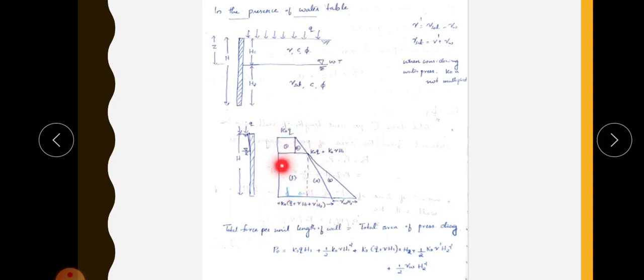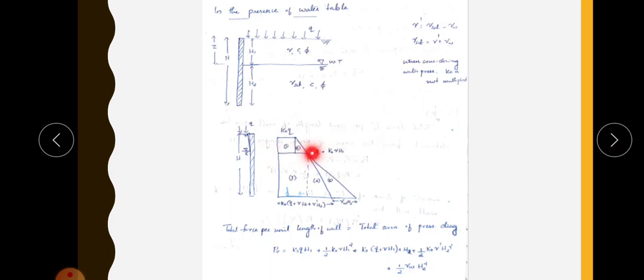Next consider the height h2. First we have to consider the surcharge component. For this height h2, the surcharge pressure will be K naught into Q plus K naught into gamma into h1, because this value does not depend on the height h2. It depends only on the surcharge weight and the height h1.